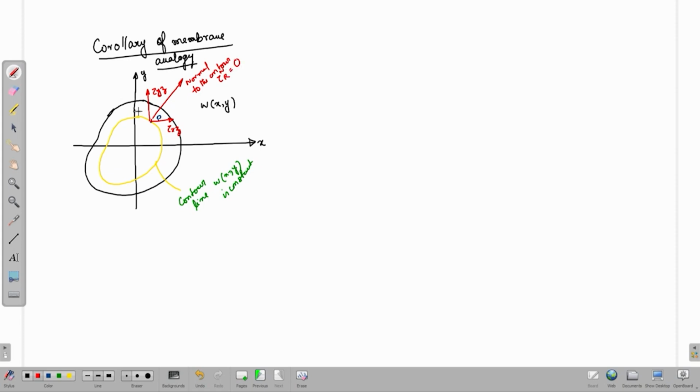So, the entire resultant will be in the tangential direction. So, only the tangential resultant is there. Okay.